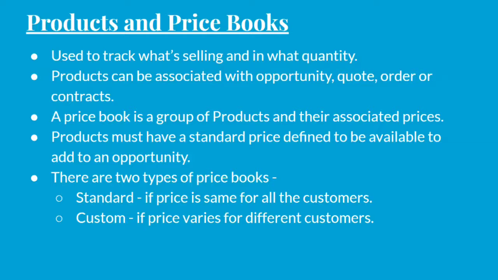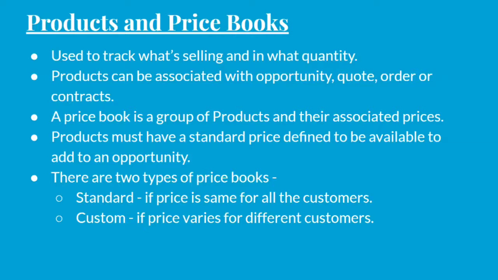Then only you can sell to the other person, company, or organization you are doing business with. So a product must have a standard price defined. Then only you can see it under the opportunity related objects of product and add it from there. If you don't have a price defined, that product will not be visible in the list.